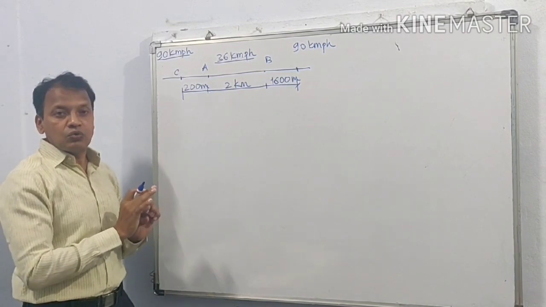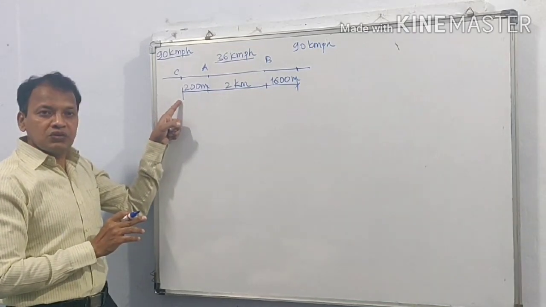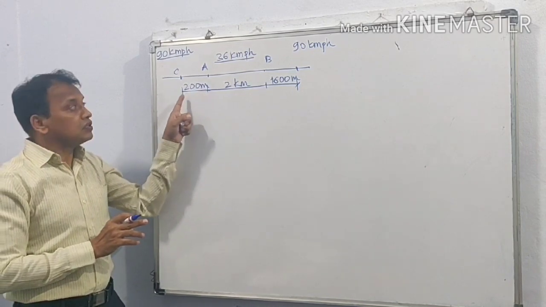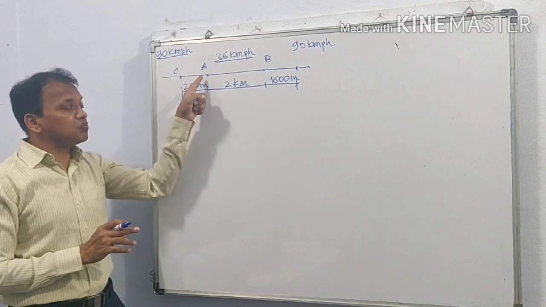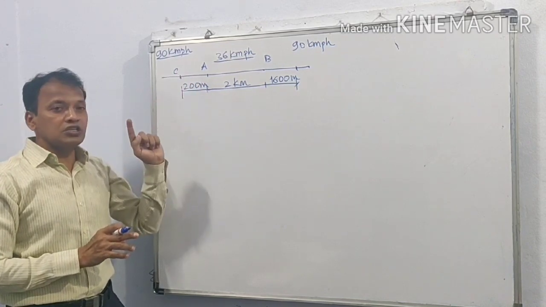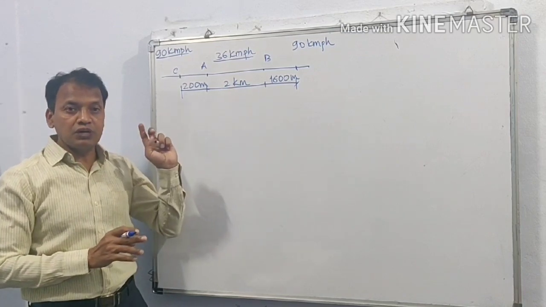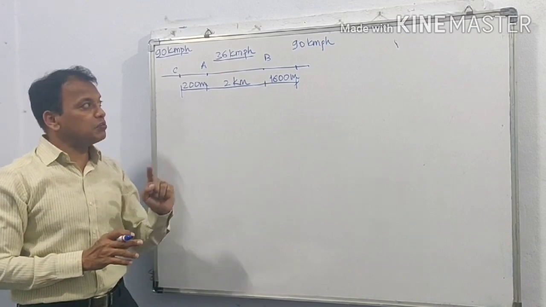So now what has happened? Up to C, the velocity was 90 km per hour. From C to A, in 200 meter distance, the velocity has reduced from 90 km per hour to 36 km per hour. On A to B, that is length 2 km, the velocity was uniform, that is 36 km per hour.